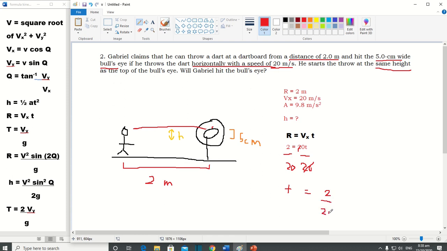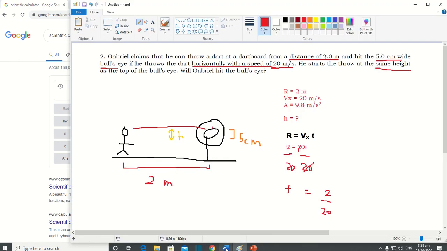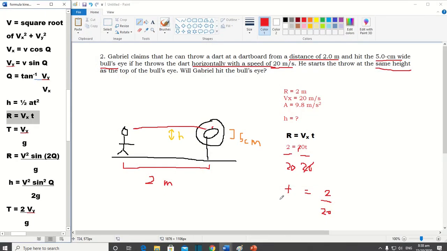So ngayon, calculate lang natin yan. 2 over 20, which is 0.1. So meron tayong time na 0.1 second. Time is 0.1 second. So next, meron tayong time.